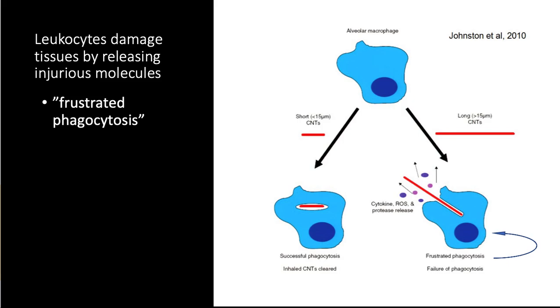Leukocytes damage tissues by releasing injurious molecules. The potentially toxic contents of granules are released by leukocytes into the extracellular milieu by several mechanisms. Controlled secretion of granule contents following degranulation is a normal response of activated leukocytes.